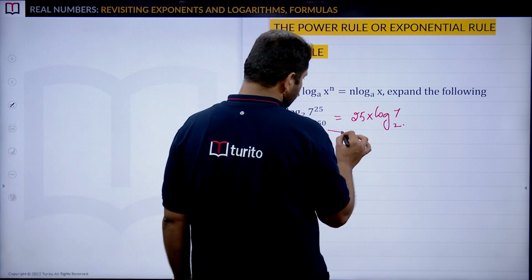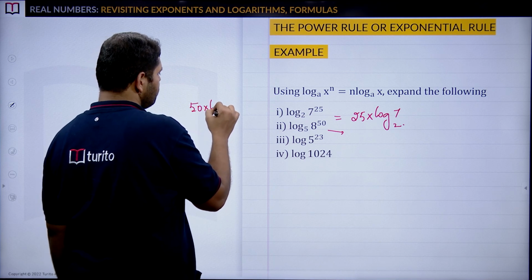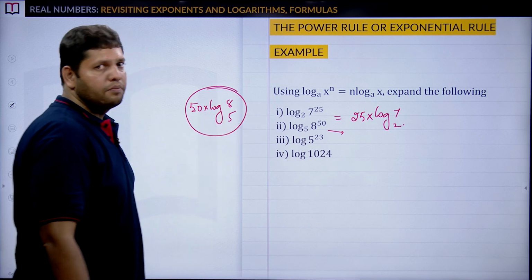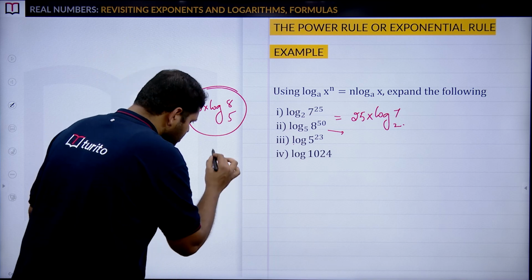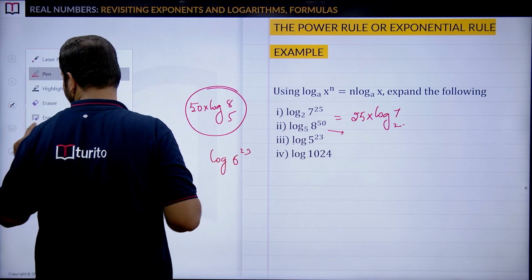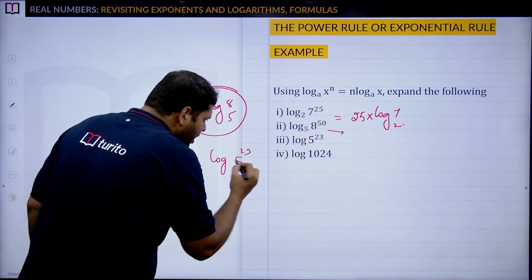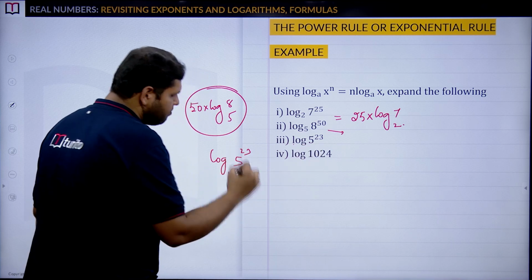And what about this, children? This we can write as 50 into log 8 with base 5, because 50 is the exponent. And what about this, children? Log 5 whole to the power of 23, and the base is 10.